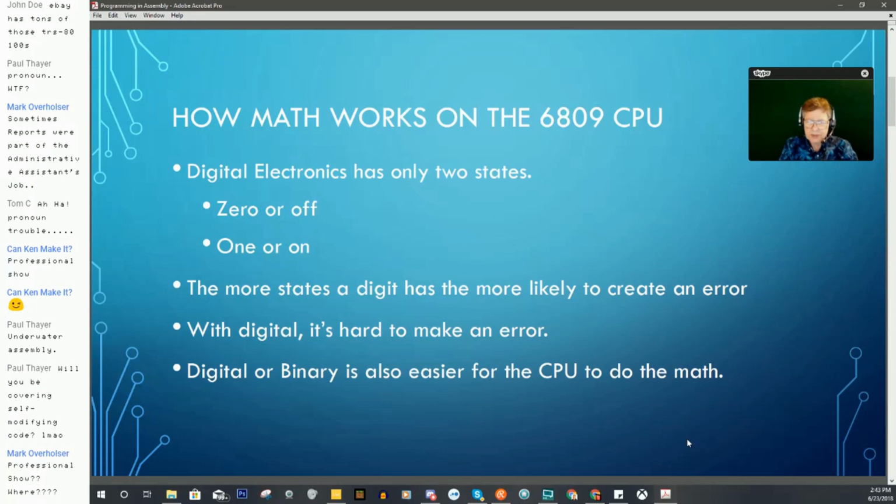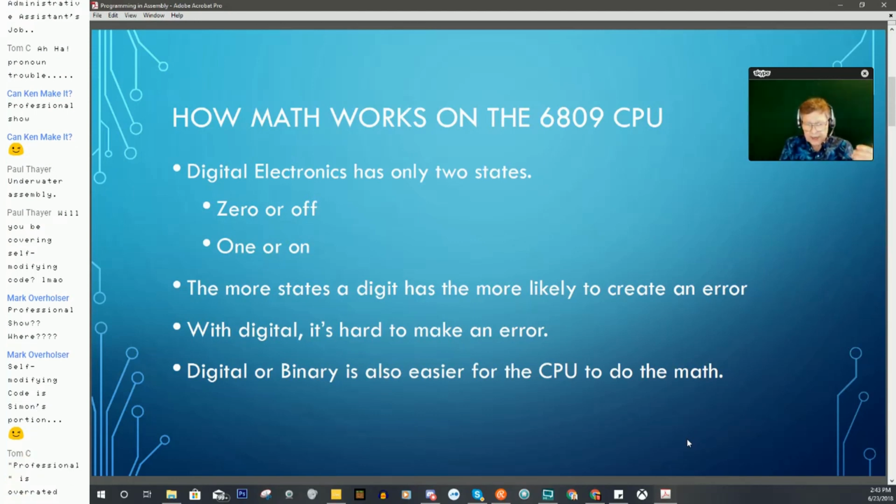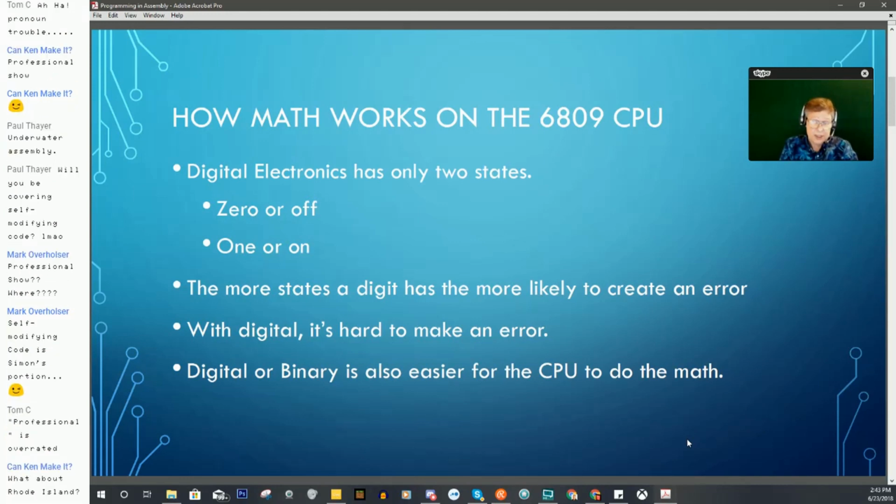Now, when you have more states for a digit, like what we usually use for math, what we call decimal, you can have anywhere from 0 to 9 in each digit. It's more likely that you might get an error where the number 4 can shift to a number 5 very easily. A good example of this type of error is Samsung when they came out with their 840 SSD drives.